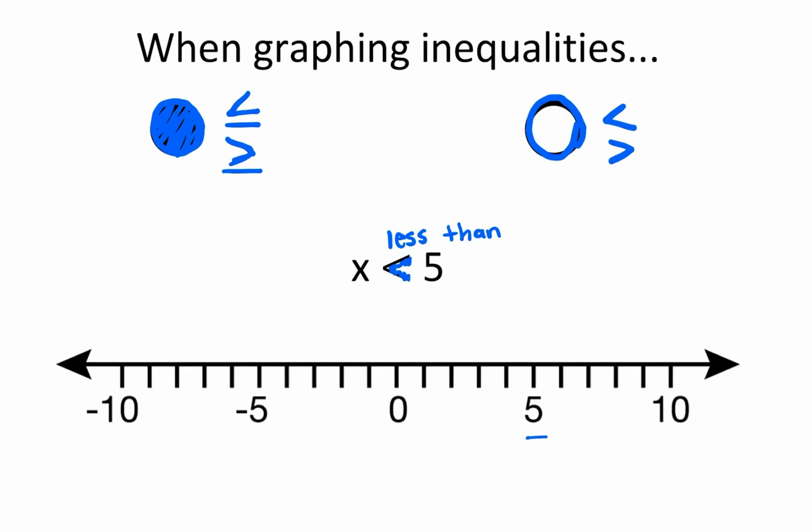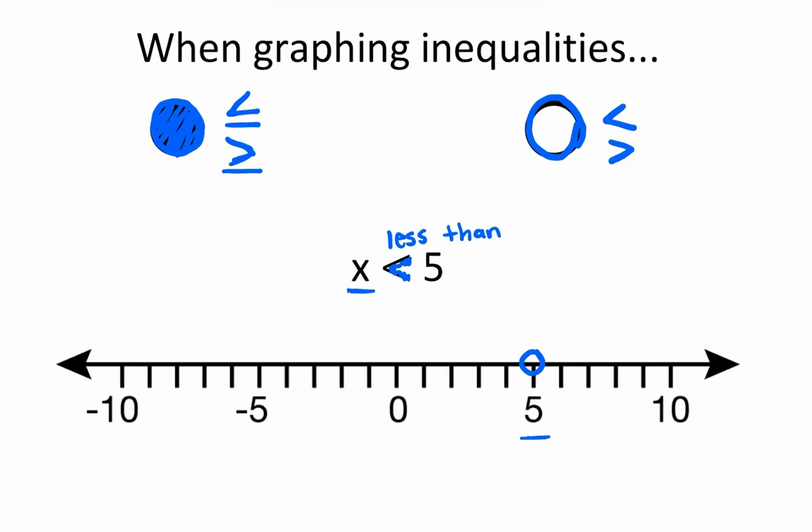So we're going to go to the 5, and since we have an alligator that's just an alligator, we're going to have an open circle. So we are finding our match right here. We just have an open circle. And then my x, which can be anything I want, has to be less than 5.